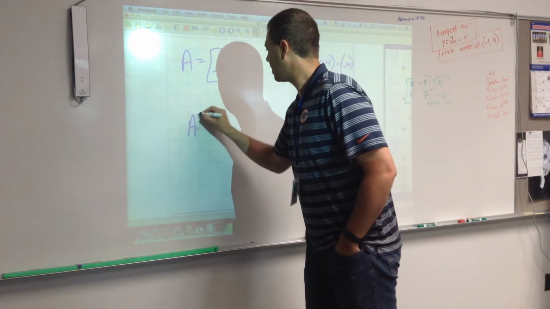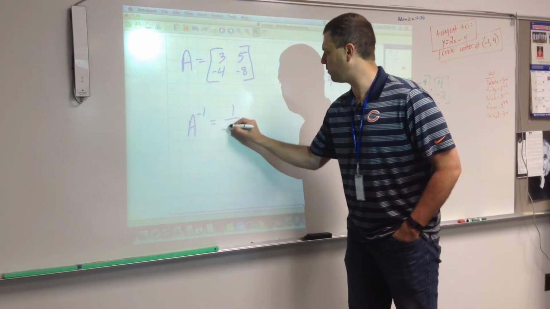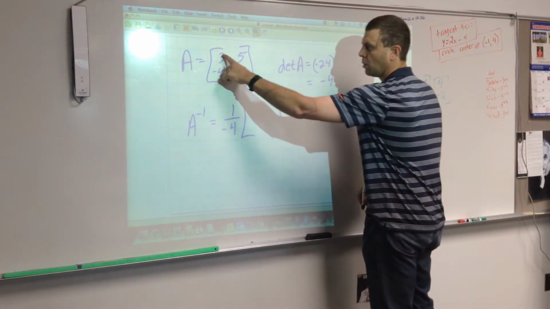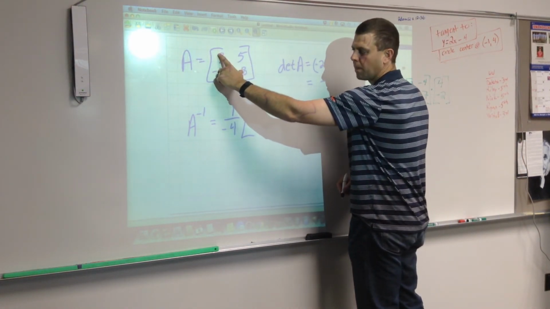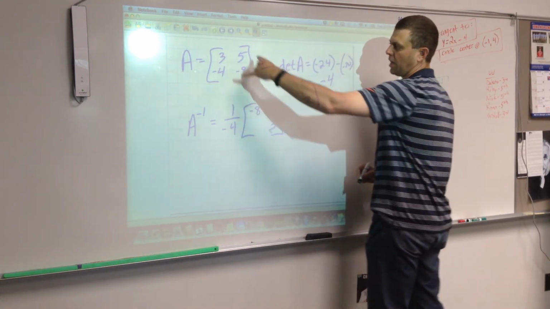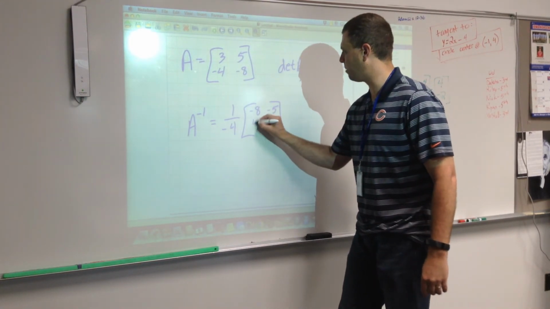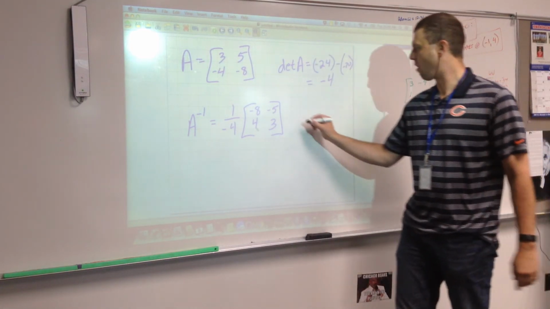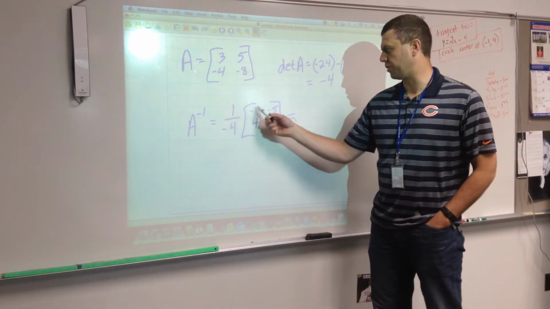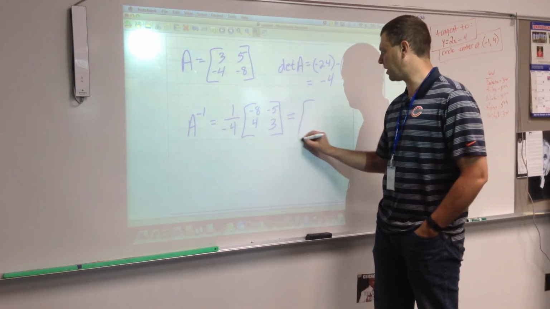So now the inverse of matrix A will equal 1 over -4 times, what do the A and D values do? Switch spots. So -8 and 3. And what do the B and C values do? Switch signs. So -5 up here, +4 down here. Now if I just distribute that, -1/4 times -8 is +2.